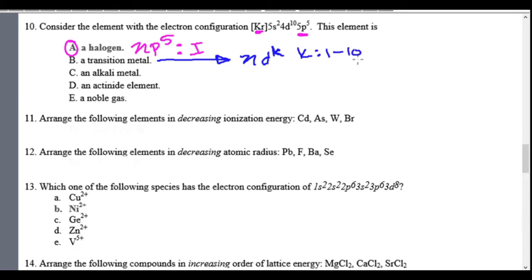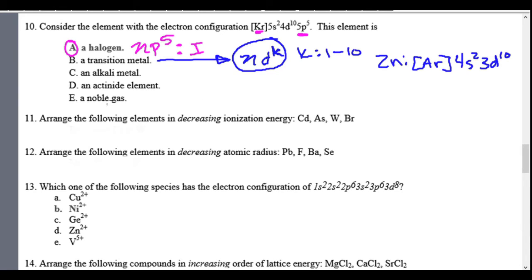It's going to be any one of these numbers. For zinc, it would end in 3d10. The full thing would be argon, 4s2, 3d10. So it would look like this for a transition metal.